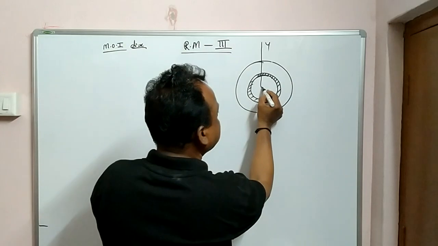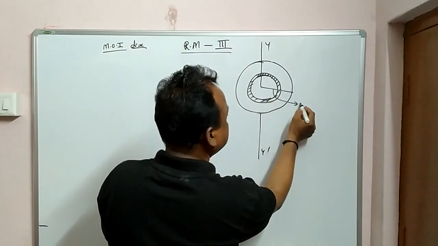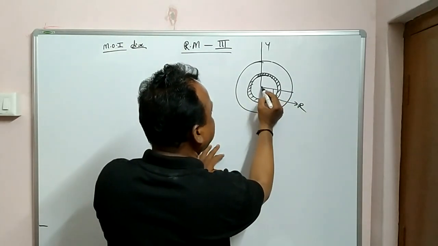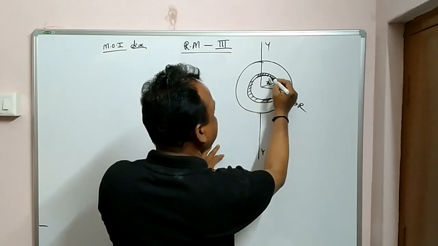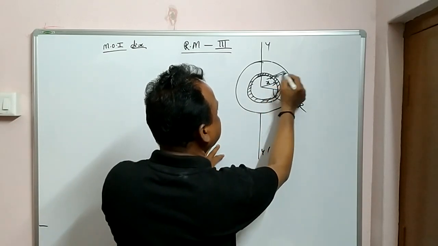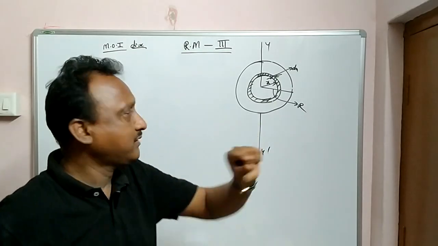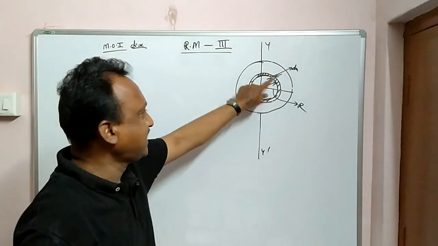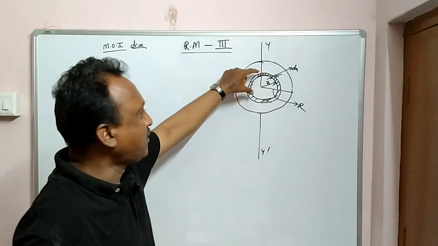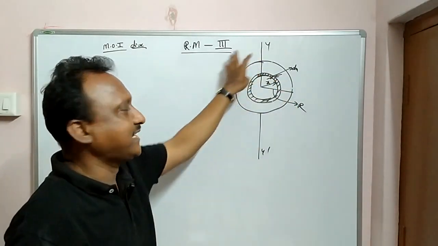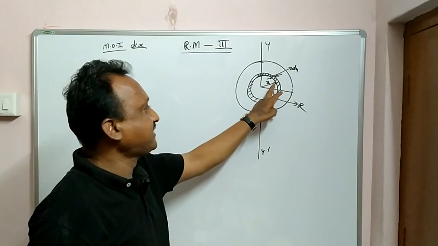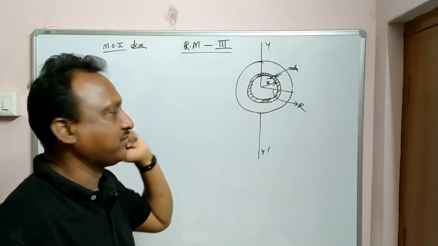Let the original radius of the disc be capital R, and let a small ring have radius x and thickness dx. So when you take small rings and pile them up, it becomes a disc.